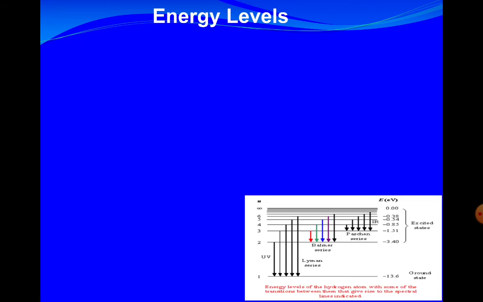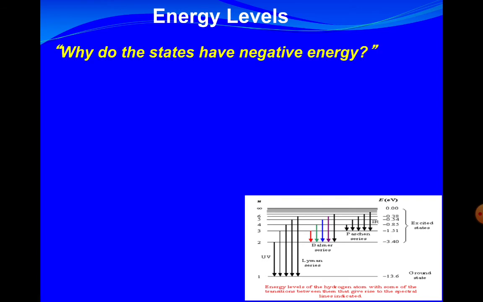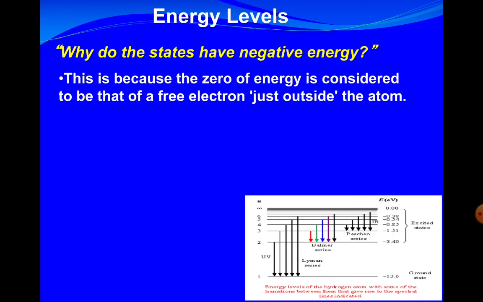Let's talk again about the energy levels and the energy related to them. First of all, it's interesting to know why the states have negative energy. Why not positive? This is simply because the zero of energy is considered to be that of a free electron just outside the atom. So that is the zero level. That is like an electron that has been given so much energy that it can just escape.